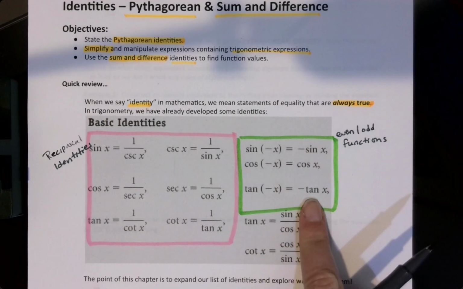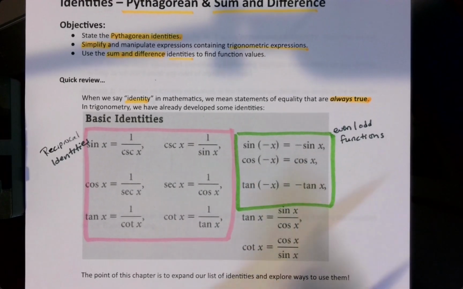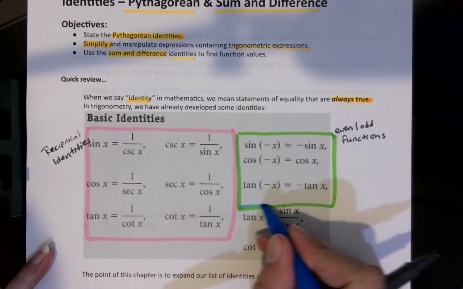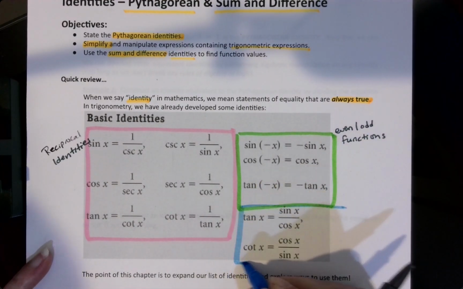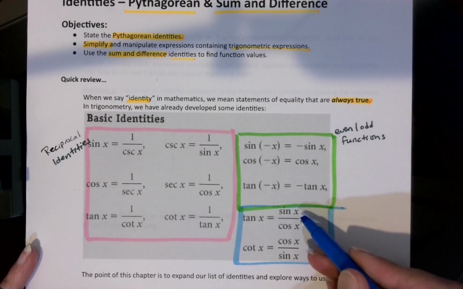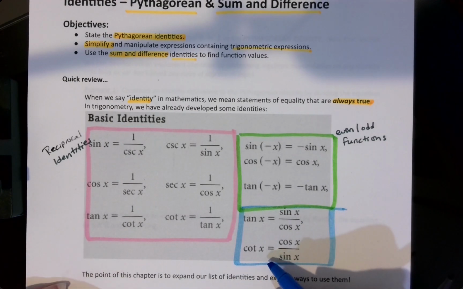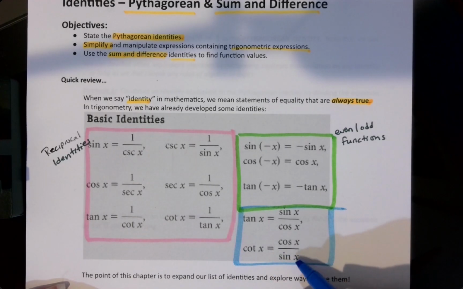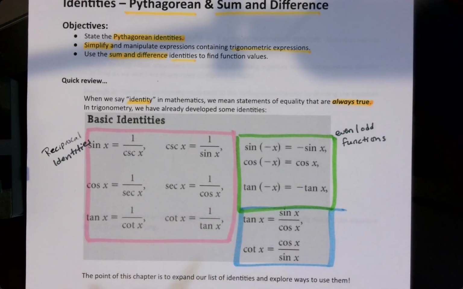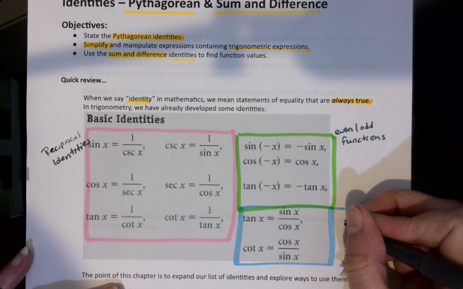And the bottom 2 we saw as basic identities before, that definition of tangent in terms of sine and cosine. Tangent is the ratio of sine of x divided by cosine of x. And then cotangent, of course, its reciprocal, is cosine of x divided by sine of x. These are just a property or definition of tangent, so we're just going to call that one a basic identity.